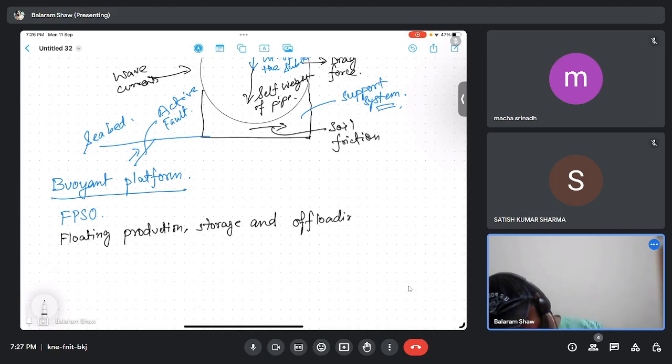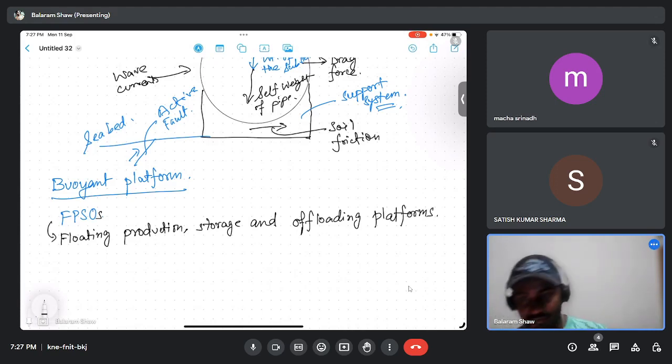If there are several platforms, then we will consider them as FPSOs. This FPSO is a kind of ship or vessel.